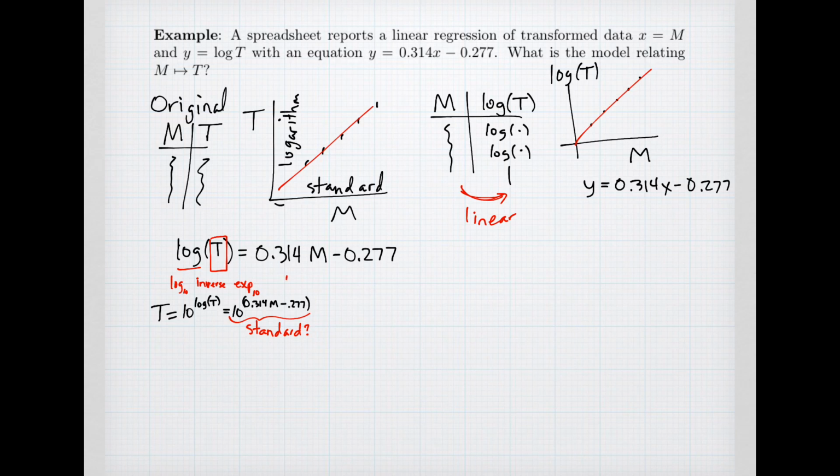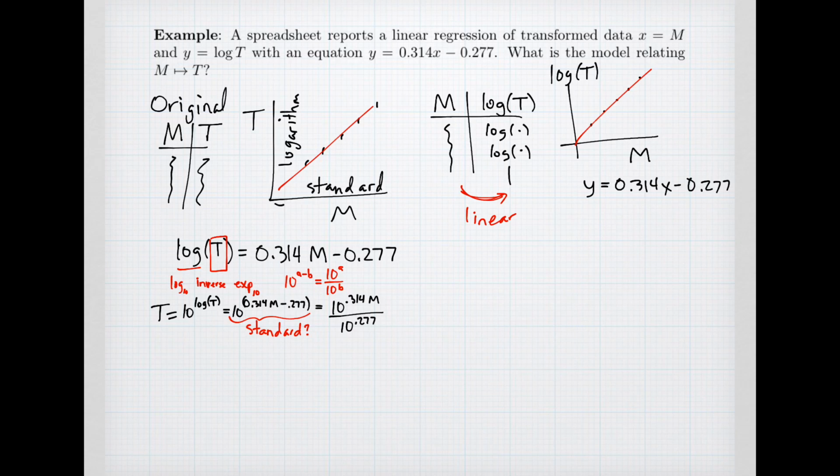If I have 10 raised to a power minus a power, the rule of exponents says that's 10 raised to the a power divided by 10 raised to the b power. Which means I've got 10 to the 0.314m divided by 10 to the 0.277.